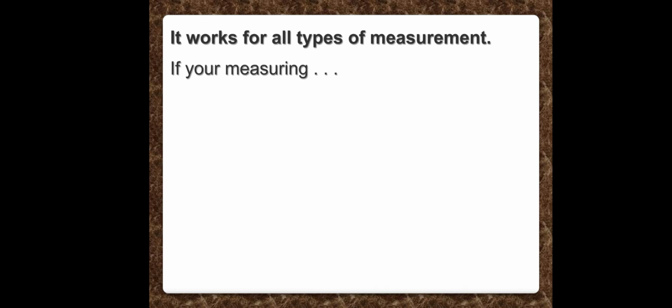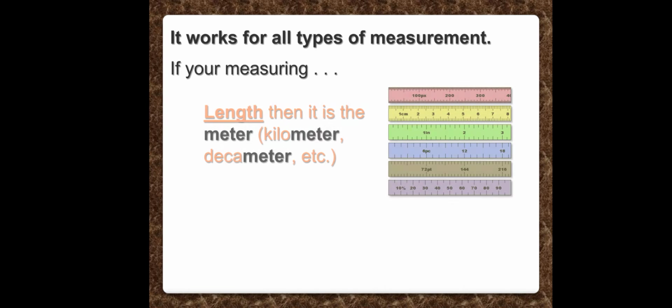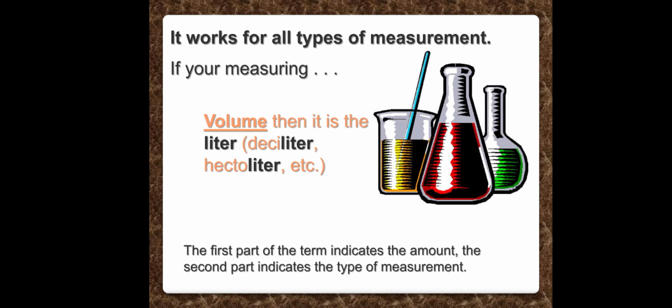If you are measuring mass, then it is the gram, centigram, milligram, etc. Length, then it is the meter, kilometer, decameter, etc. Volume, then it is the liter, deciliter, hectoliter, etc. The first part of the term indicates the amount.